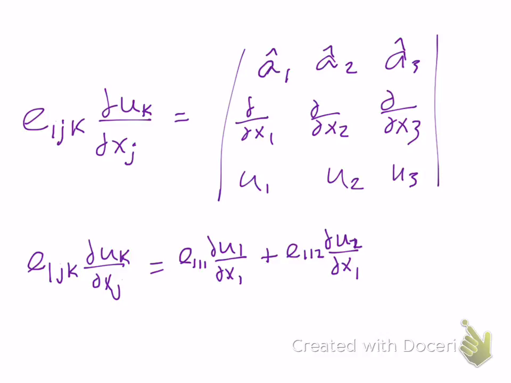And then it goes on and on. So for this one, i equals 1, j equals 1, k equals 1. This one, i equals 1, j equals 1, k equals 2.